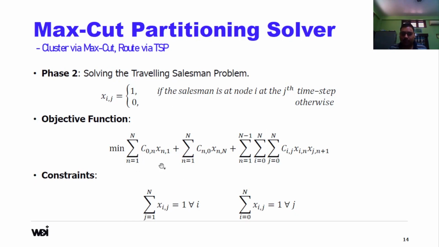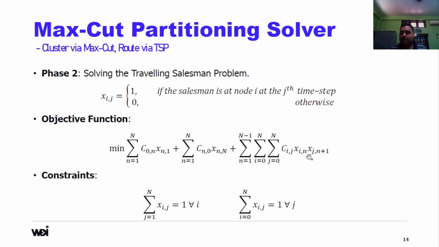The first term is the first section of the route, from the depot to the first node visited by the vehicle. The second term is the last section of the route, the edge from the last node in the vehicle's journey back to the depot. And the last term is every edge in between that the vehicle passes through.